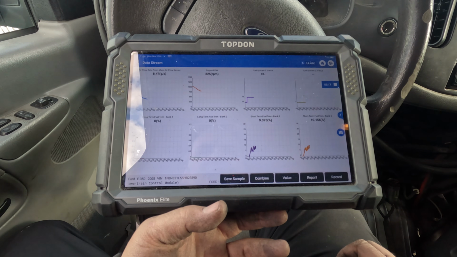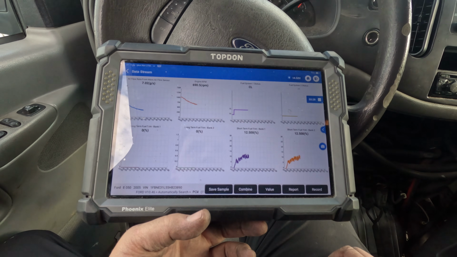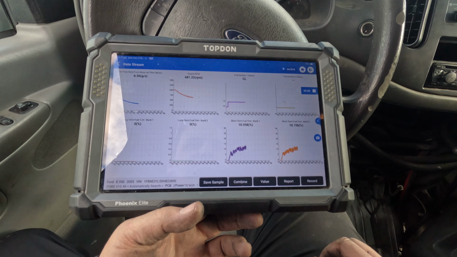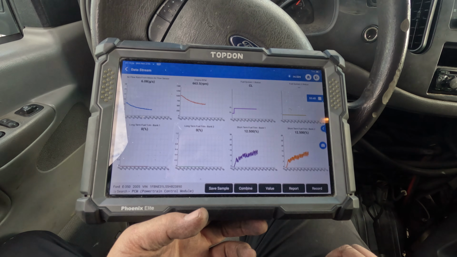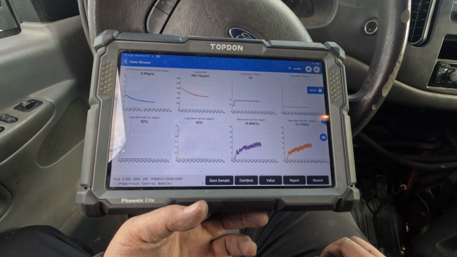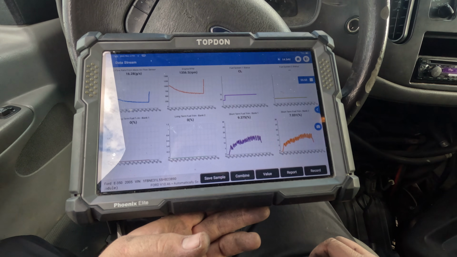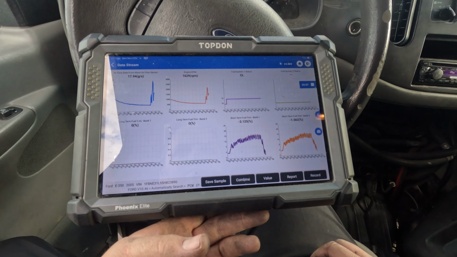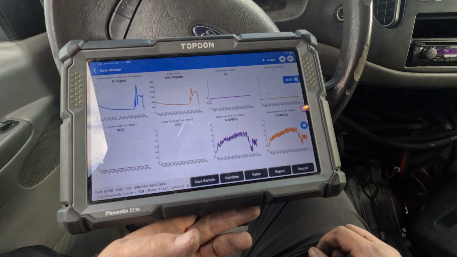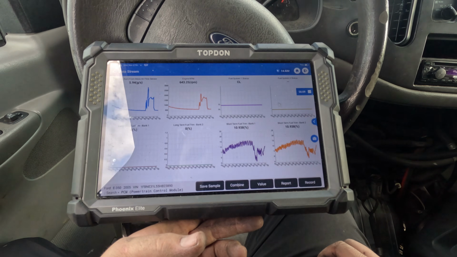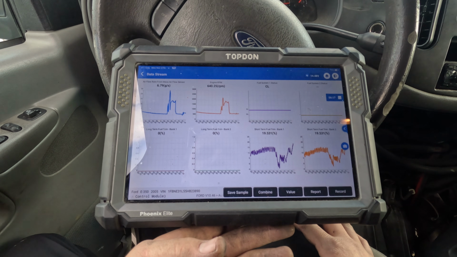Fuel trims are high, but it's still very high.